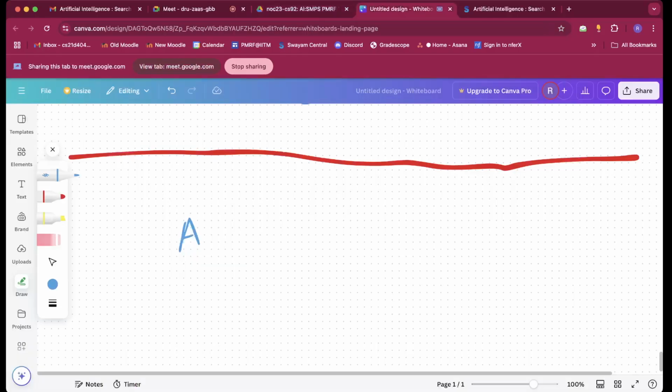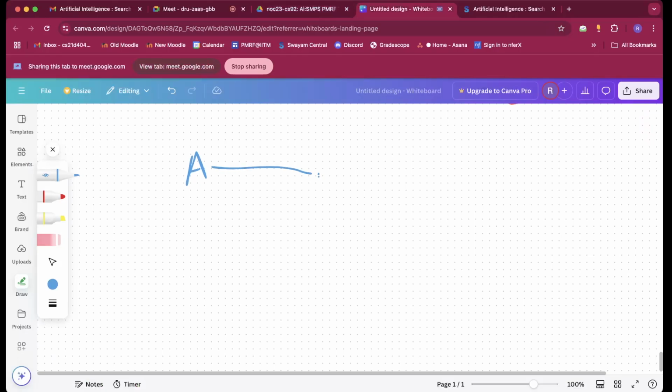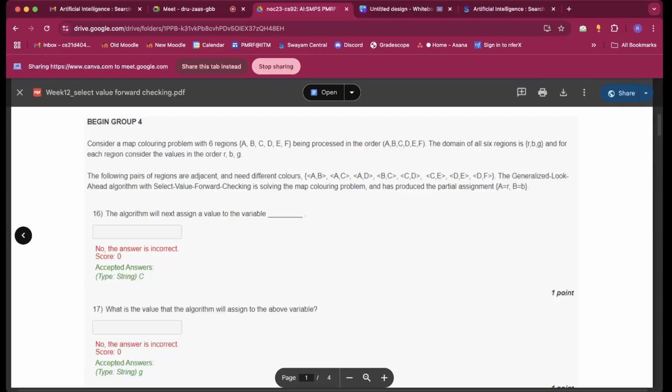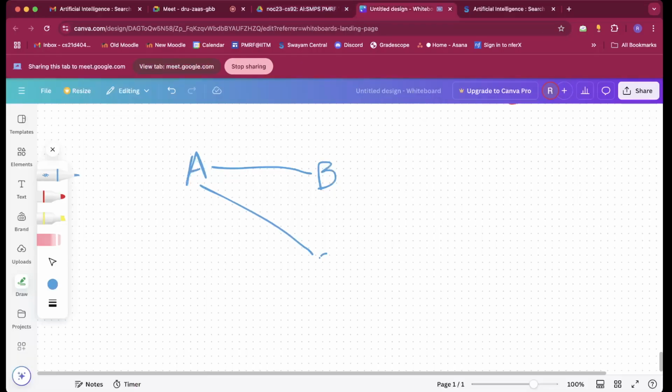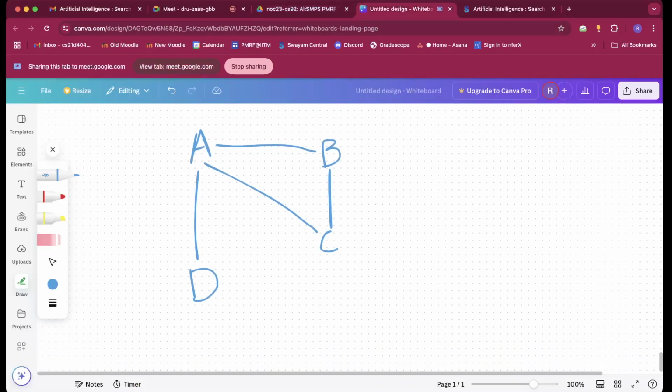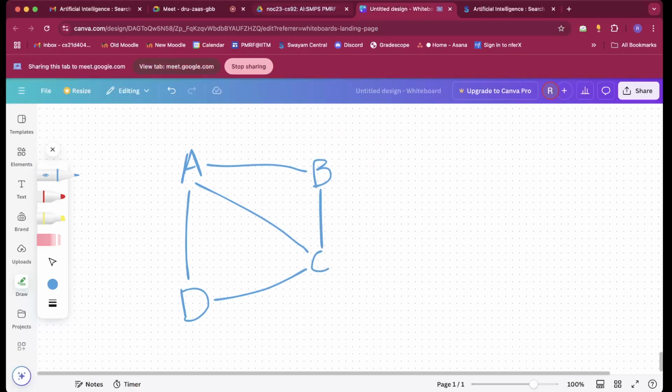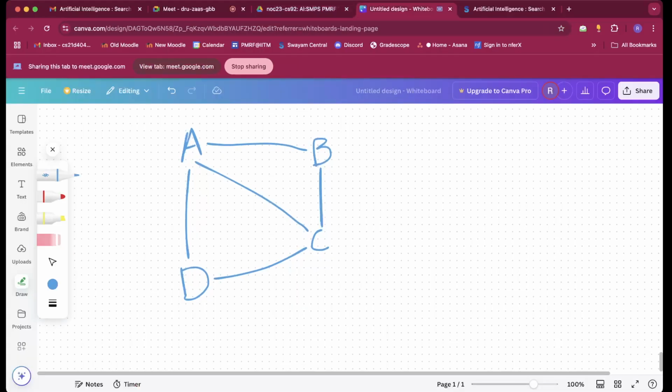A and B are adjacent, so we'll draw an edge between A and B. Then A and C are adjacent, then A and D are adjacent, B and C are adjacent, C and D are adjacent, C and E are adjacent, D and E are adjacent, and D and F are adjacent.